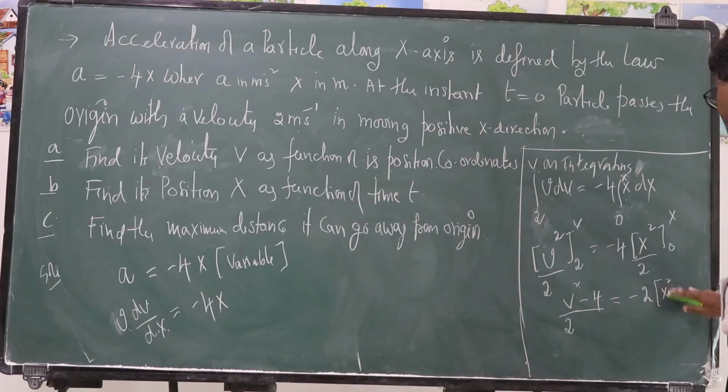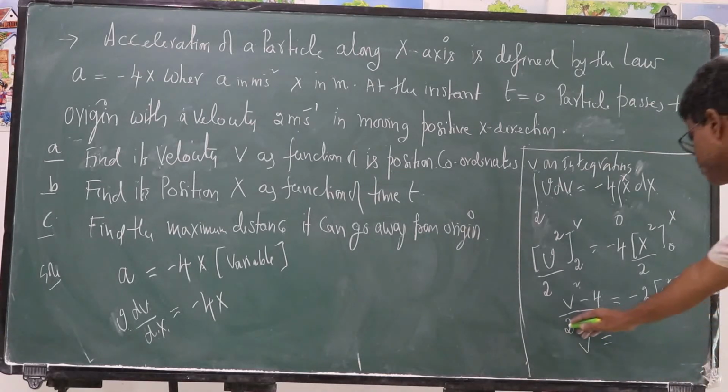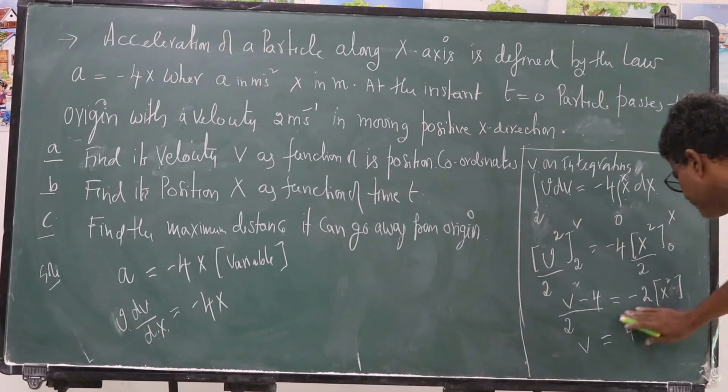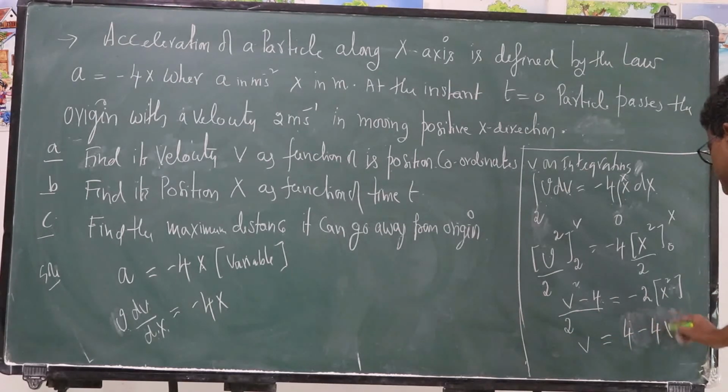So v square is equal to 4 minus 4x square. Taking 4 as common, bringing the 2 to this side it becomes plus 4. Okay, this is the velocity.